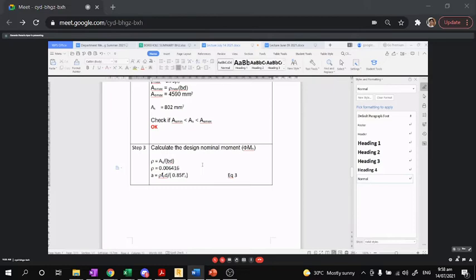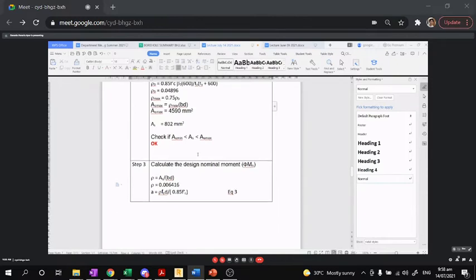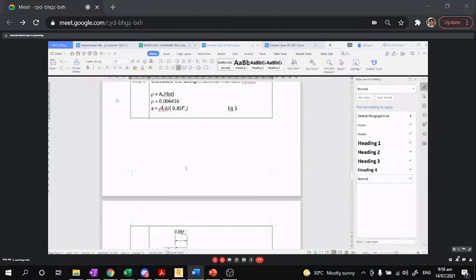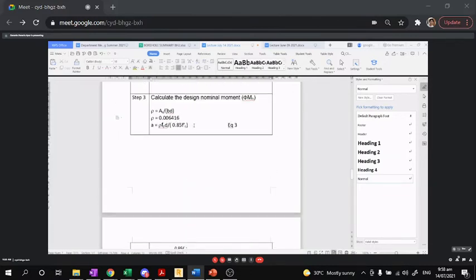That is based on the ES that I provided, and we just hope that we get the right answer. So A is equal to, with that I have the rho, so I multiply by Fy, the formula, 250 times 125.